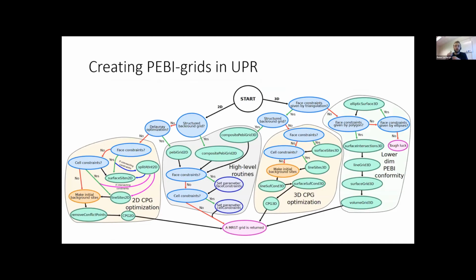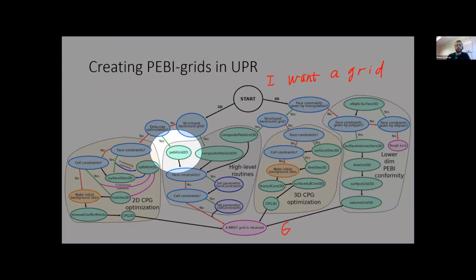This is showing the workflow of how you use UPR, from having the idea, I want a grid, until you follow through all the steps and end up with an MRST grid. And this might seem really complex and overwhelming, but it's really only one function you will need to know for most parts when you're using the UPR module.